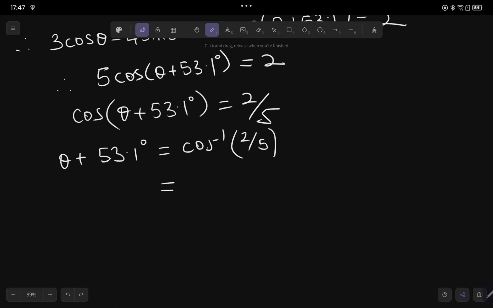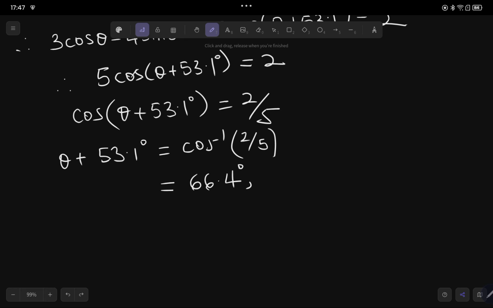If you have your calculator there, very fast you can get the answer. Second function, cosine of 2 out of 5. Mine is giving me the answer as 66.4 degrees.